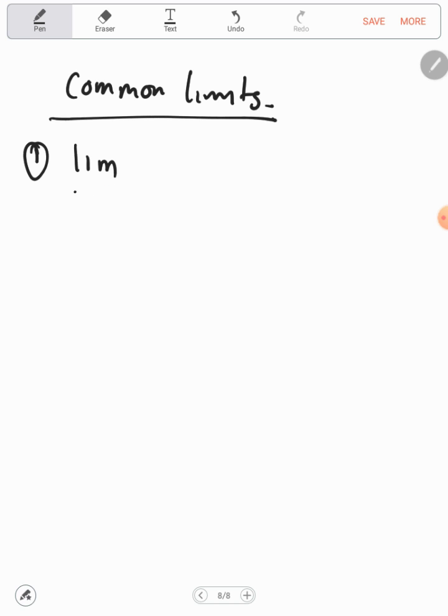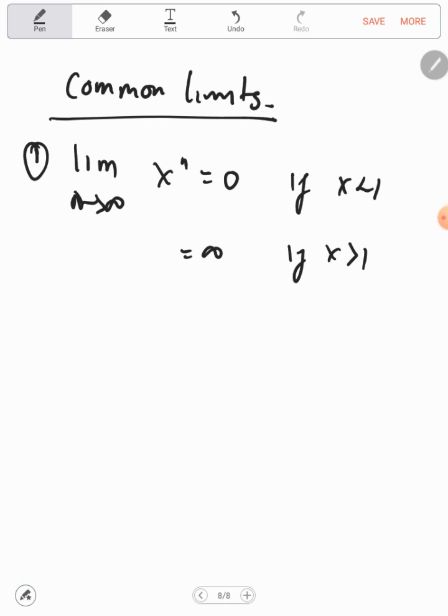The limit as n goes to infinity of x^n is equal to 0 if x is less than 1, and it's also equal to infinity if x is greater than 1.